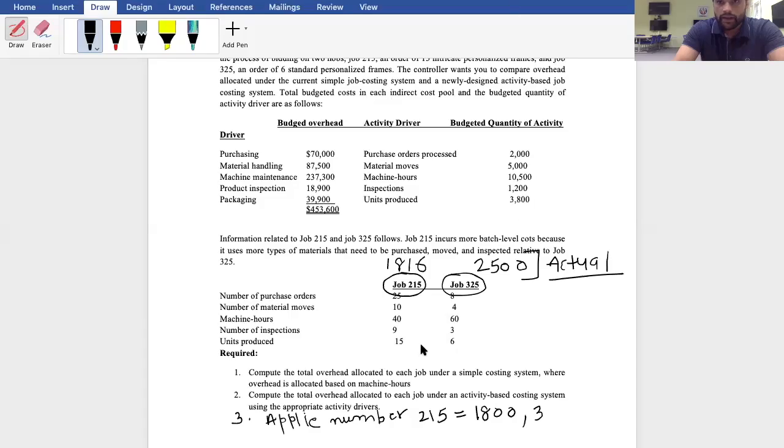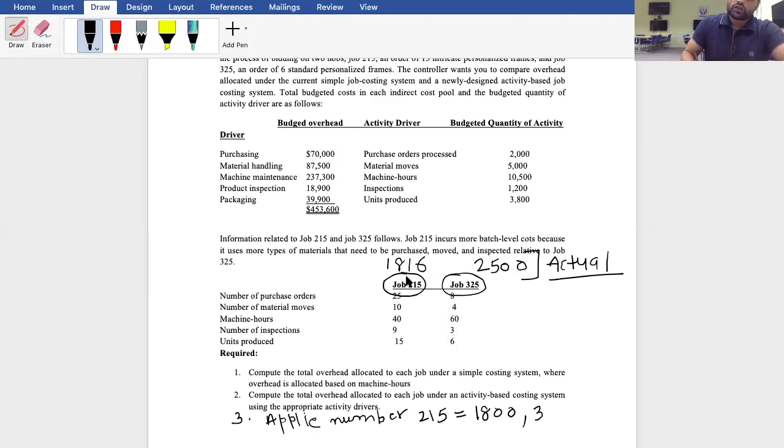Okay, so I repeat again. For example, you estimate your cost, which is 1,816 for job 215 and 2,500 for job 325. Remember, whatever cost allocation you estimate, whether traditional costing or activity-based costing, that is your actual overheads. That's not applied.